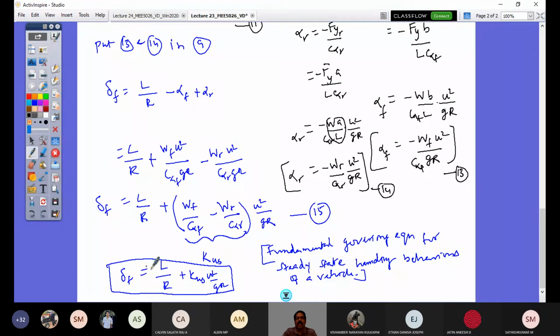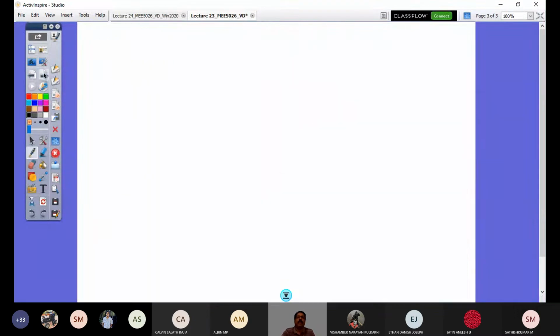In that, you essentially see a term called the understeer gradient. This understeer gradient value can be positive, negative, or 0. So let us discuss that. Before that, let me also show that this equation can be derived through a free body diagram. So let us draw today's class a free body diagram and then continue.